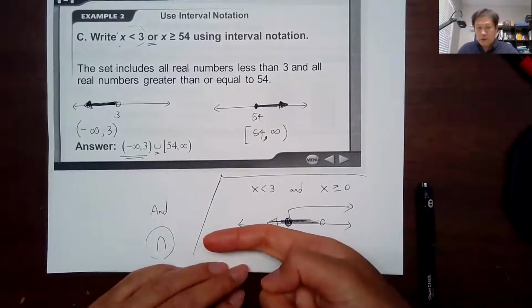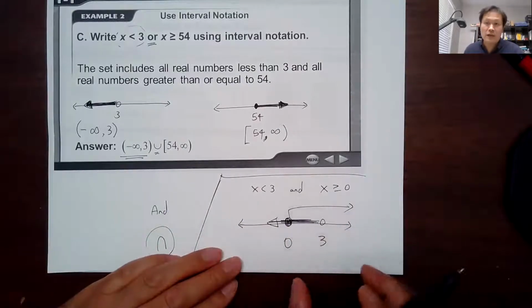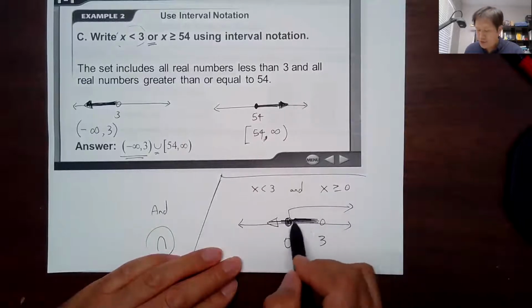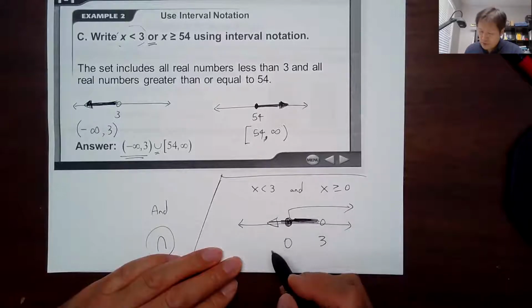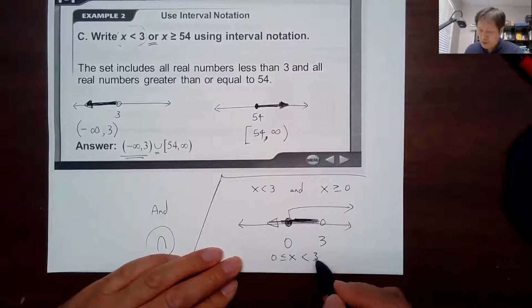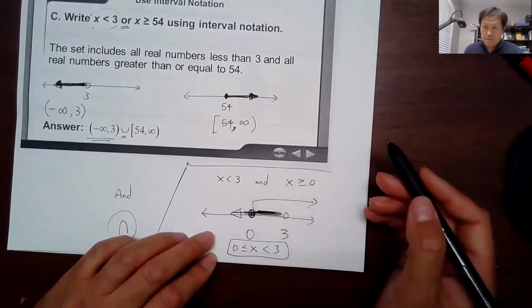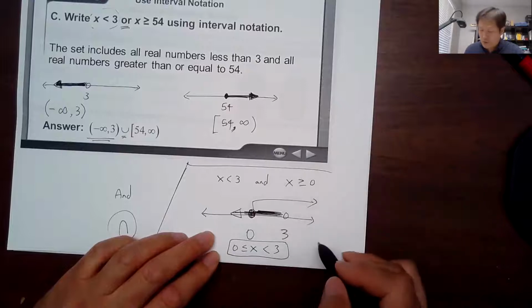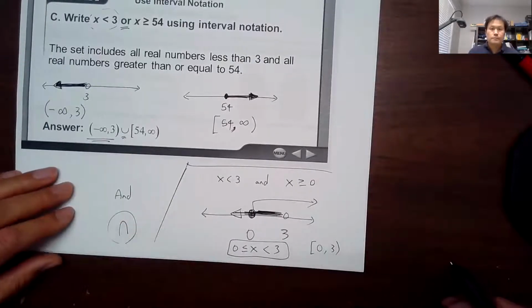So it's going here, it's going here. And the relationship, you have to find the intersection. Intersection happens right here. Greater than or equal to 0, less than 3. And as interval notation, it will be 0, 3, bracket, parenthesis.